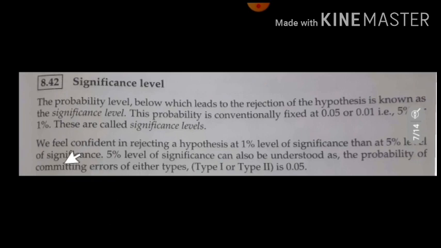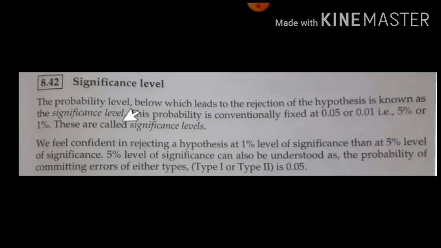Now, the probability level below which leads to rejection of the hypothesis is known as the significance level. See here, we are defining the significance level based on the rejection of the hypothesis. So it is the probability level below which we are rejecting the hypothesis.